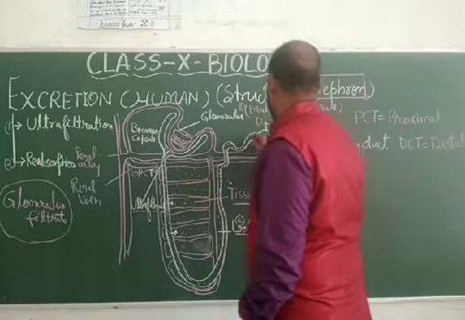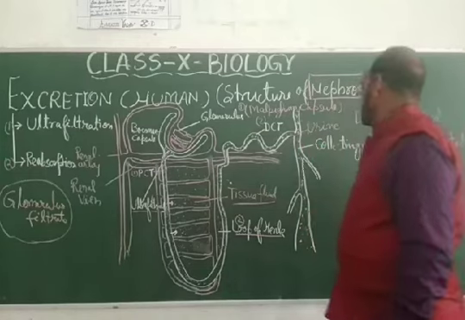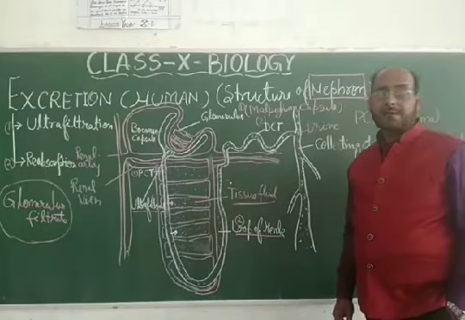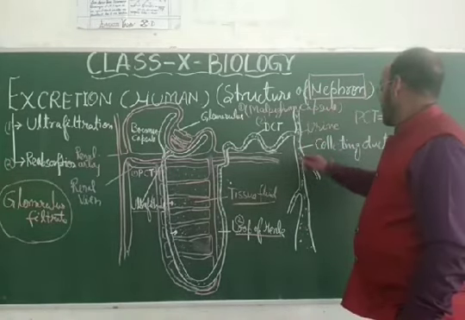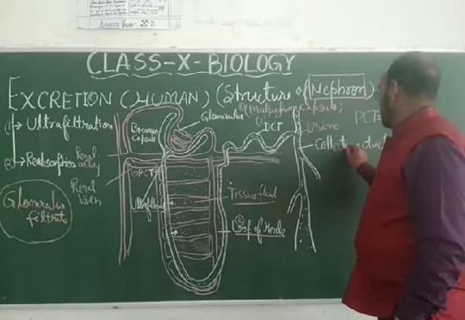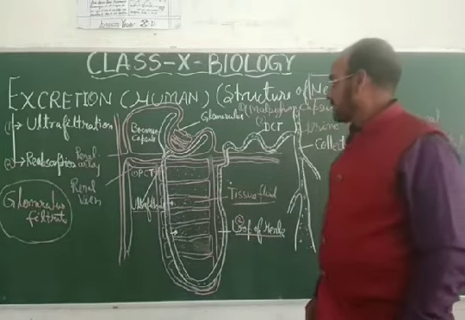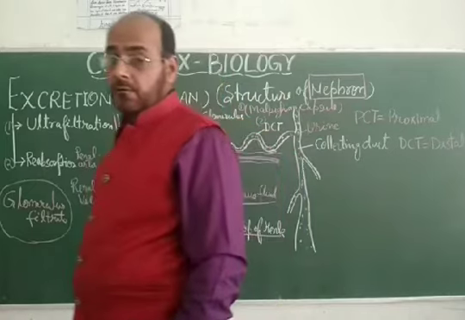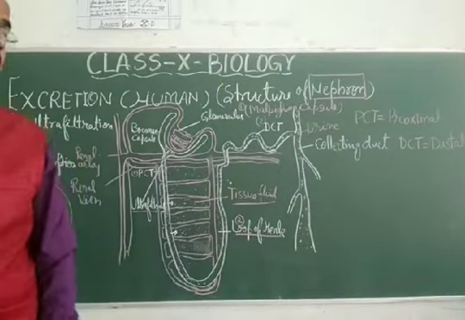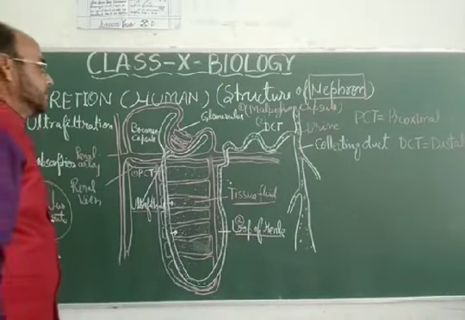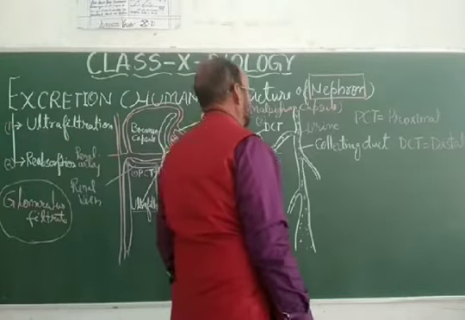So dear students, finally the nitrogenous waste, with the excess water, gets collected into the collecting duct, and this collecting duct collects the urine, and as you know, the urine is the mixture of the urea with the excess water.